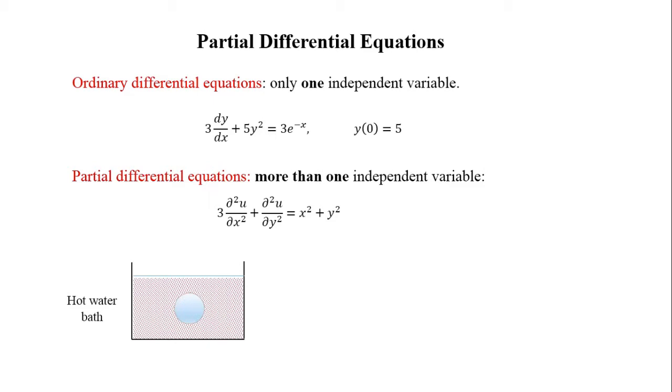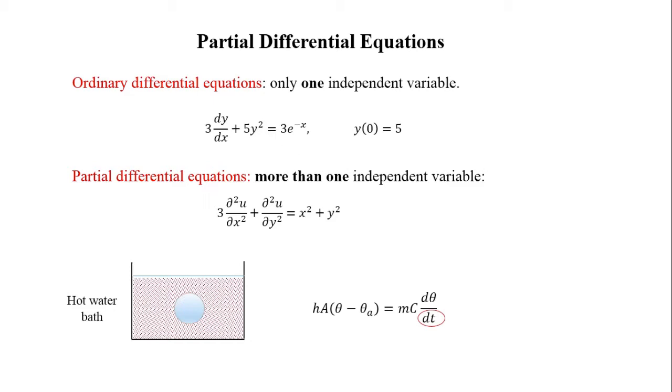The differential equation which governs this phenomenon is given by the following equation. Here the number of independent variables is only one, time t. Hence this equation is an ordinary differential equation. Here theta is temperature and t is time.